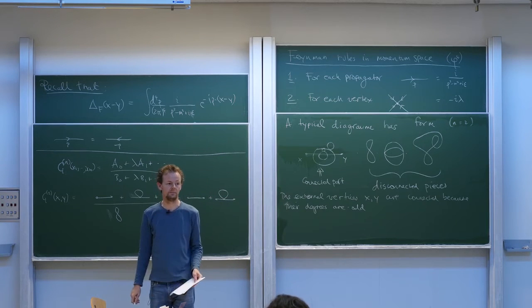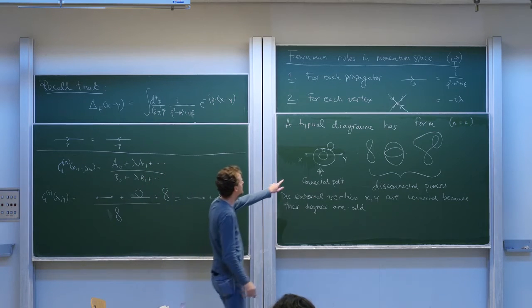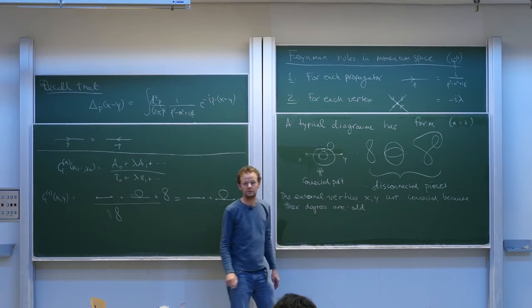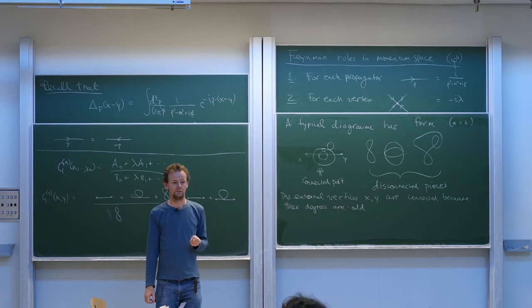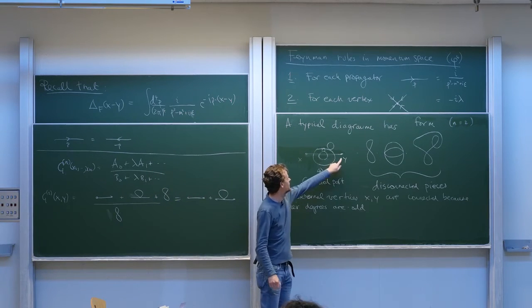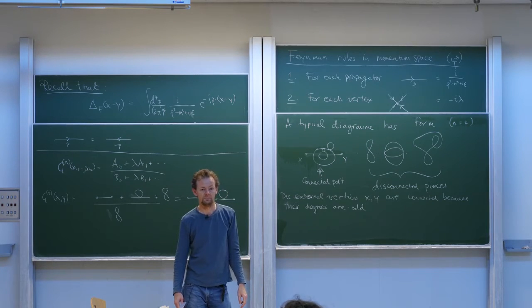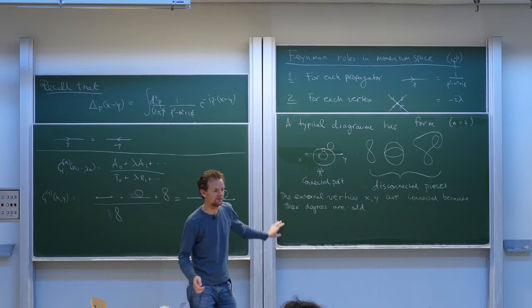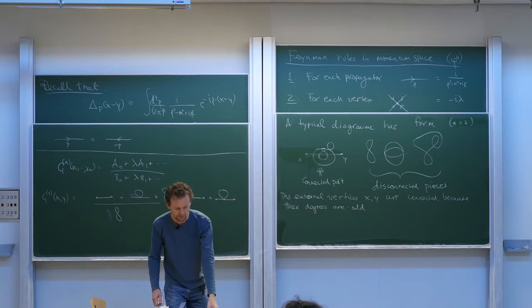They're connected to an odd number of legs, but every vertex in the bulk has even degree. So if you did a walk on the graph without visiting the same edge twice, you would have to end at another vertex with odd degree. So there cannot exist a diagram with a single odd degree vertex. So they must be connected.